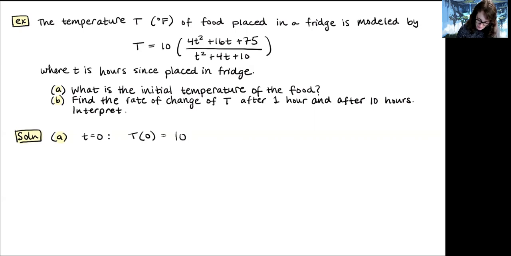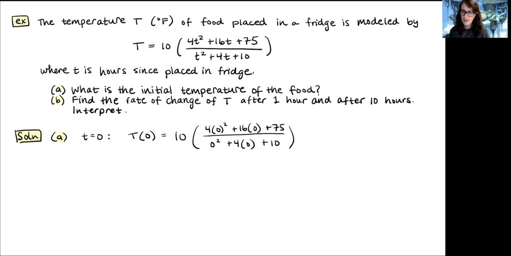So we'll have 10 times (4 times 0 squared plus 16 times 0 plus 75), all divided by (0 squared plus 4 times 0 plus 10). And notice everything kind of is just 0, 0, 0, 0 here. So what we're left with is 10 times 75 over 10.